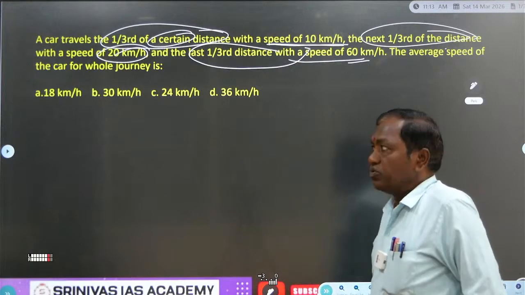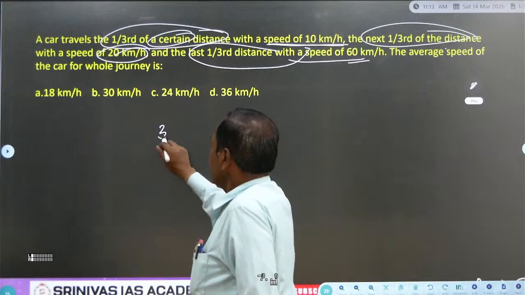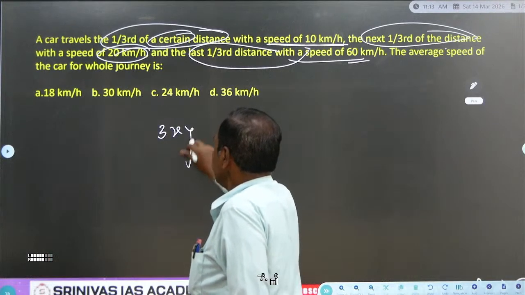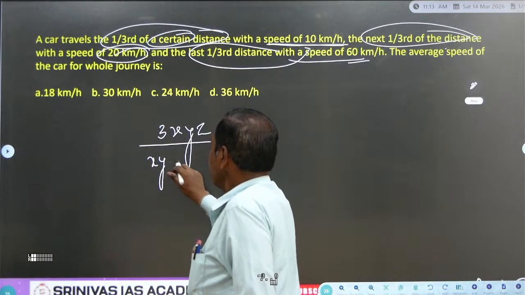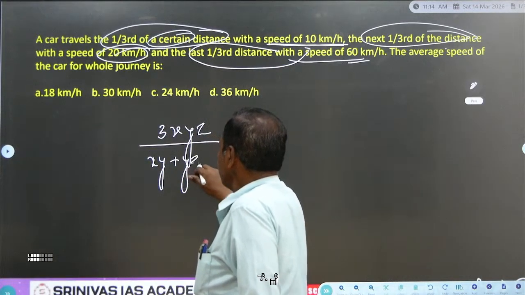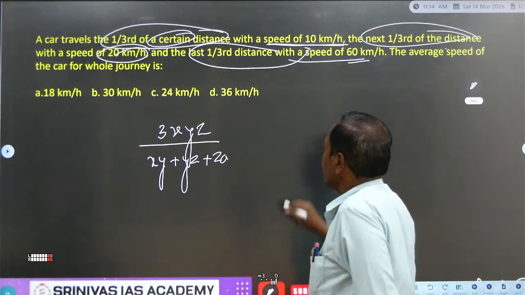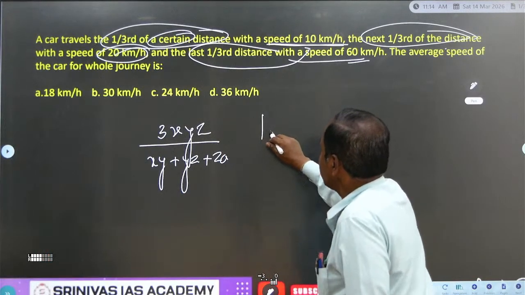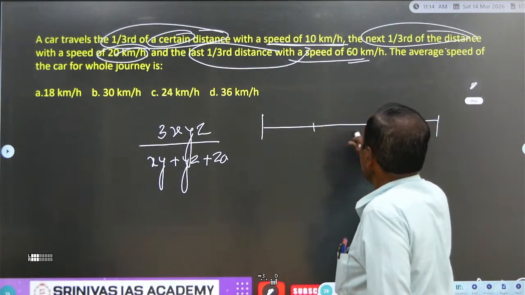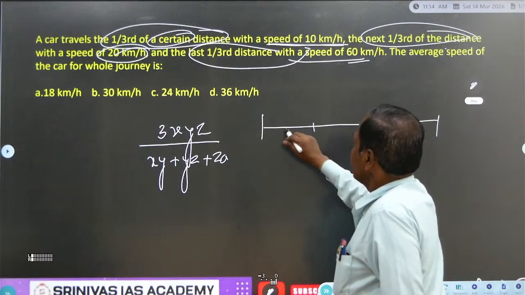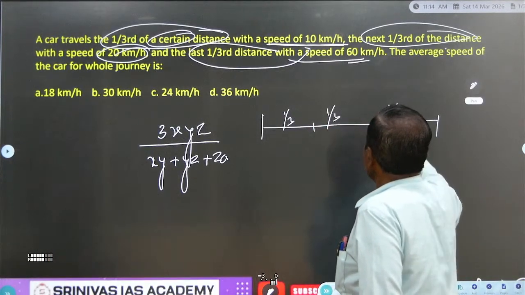Then you have to apply the formula 3xyz by xy plus yz plus zx. If you look at the question properly, to make ourselves understand better, we can draw like this: 1, 2, 3. This is the 1/3, this is 1/3, this is 1/3.